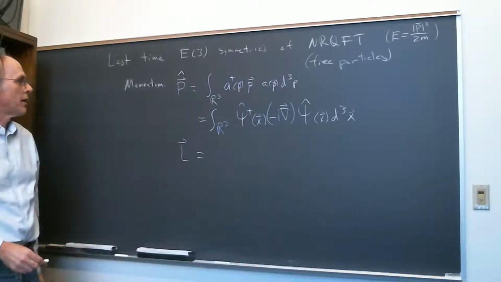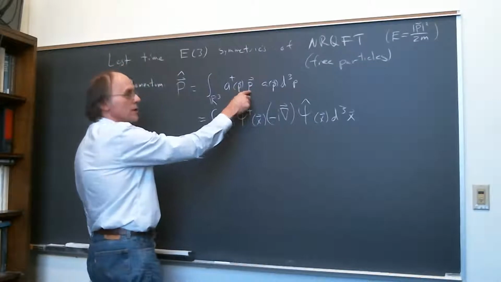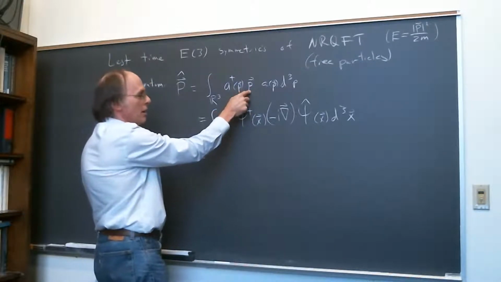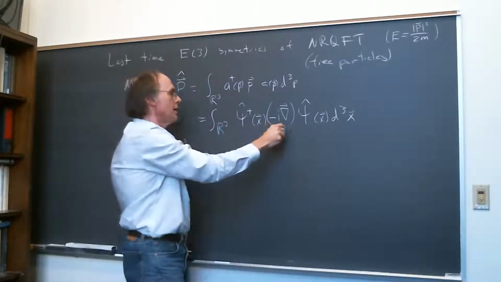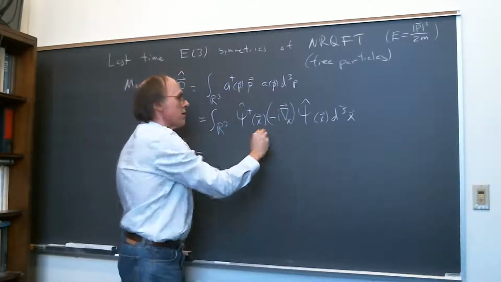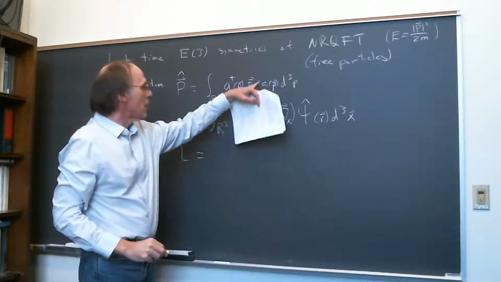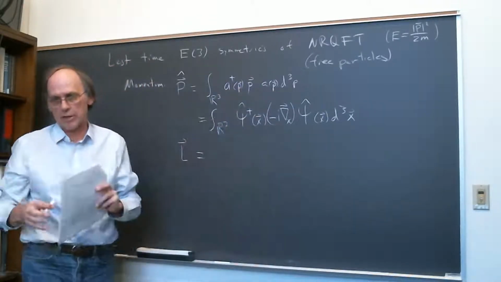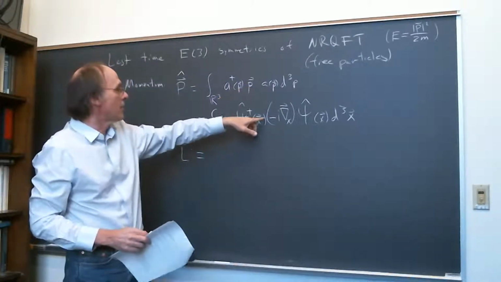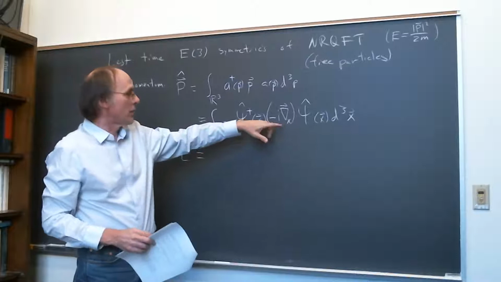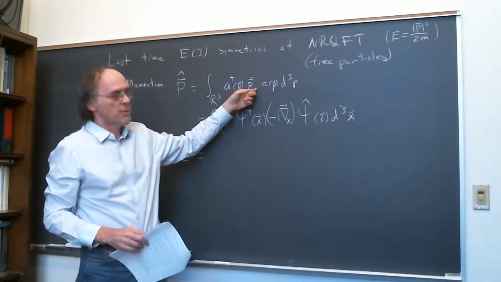Here you diagonalize the momentum operator, but when you try to do the angular momentum operator, it's not going to be diagonal in either picture. You can write the angular momentum operator in terms of x or in terms of p.